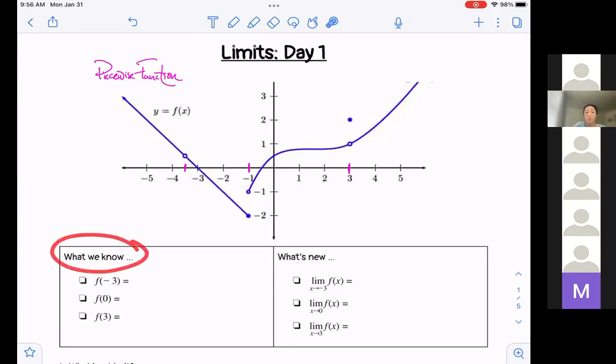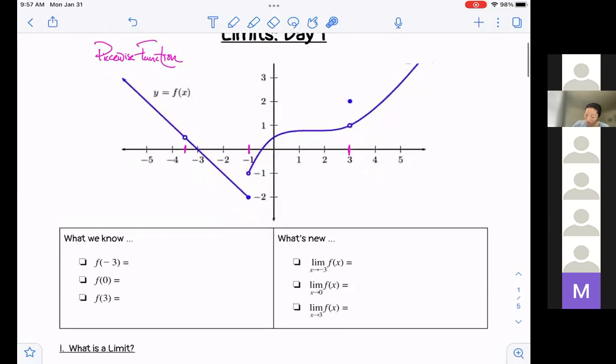Even though this says what we know, if you're sitting in the privacy of your own learning environment being like, I don't know this, that's okay. This serves two purposes. One is to trigger previous memory, but the other piece is that this might be something we use. So let's refresh it for all of us together so that we can walk into this what's new piece together.